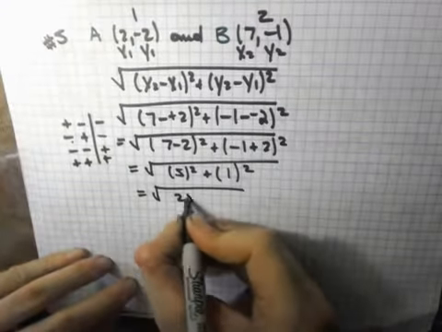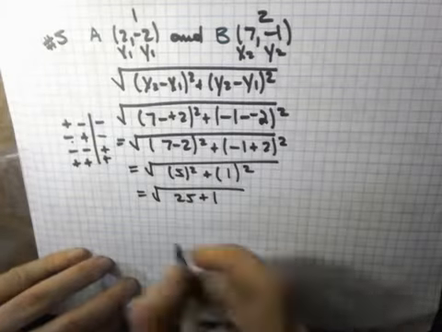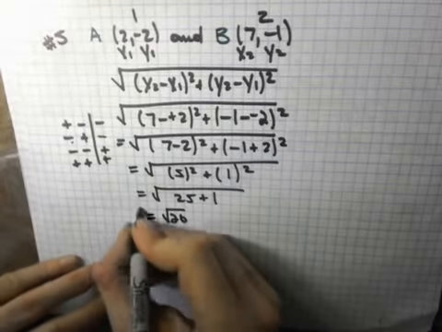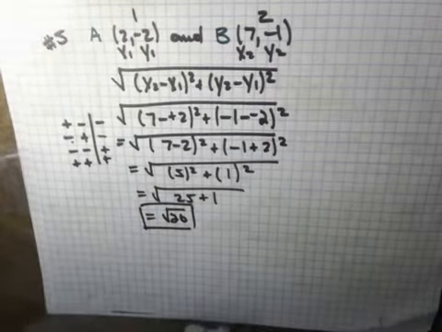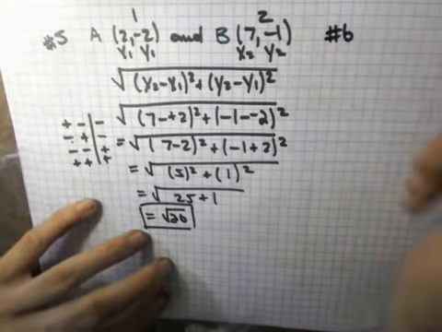We're left with 25 plus 1, which gives us square root of 26. Alright, we're done. Number 6, let's do another example.